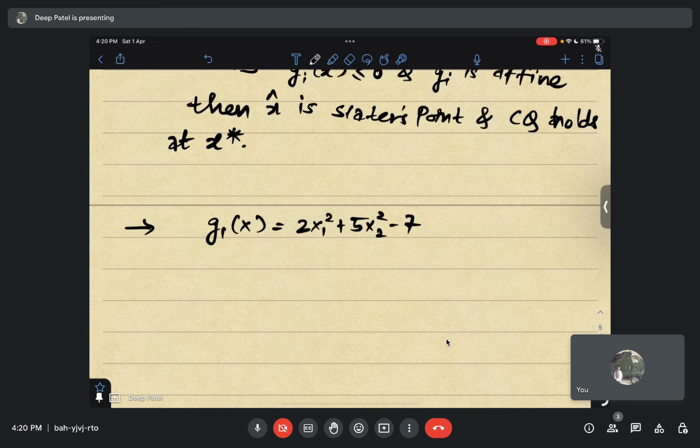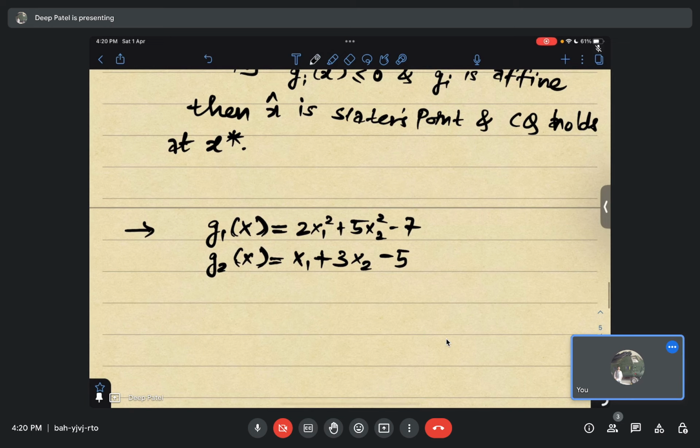Okay, this one is quadratic, and the second is the linear constraint. Yeah, right. These are the G1 and G2 that are given.